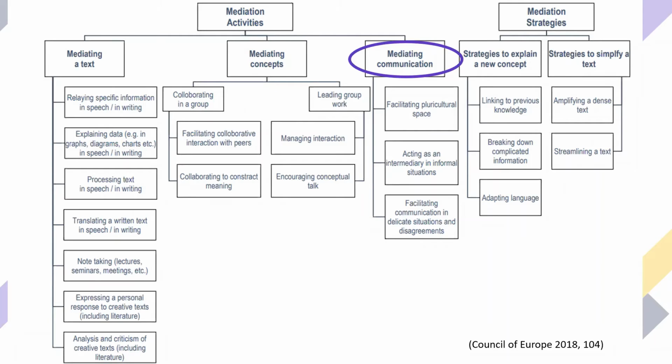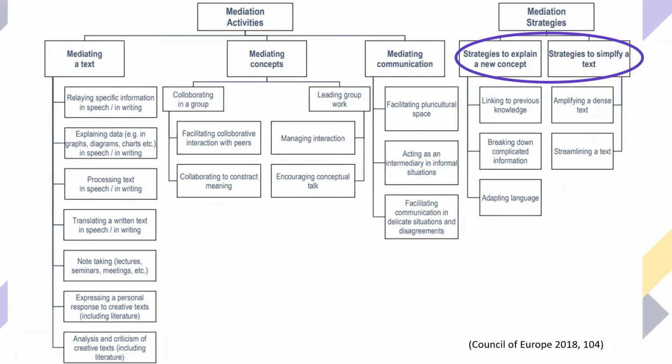And George, the mediation strategies? So the strategies that they will be using to carry out these activities. In primary, students will only be ready to use some of these effectively, and we have to be realistic, have a look at this closely and decide which of these are appropriate for us. But strategies to try and explain a new concept, and strategies to help simplify a text.